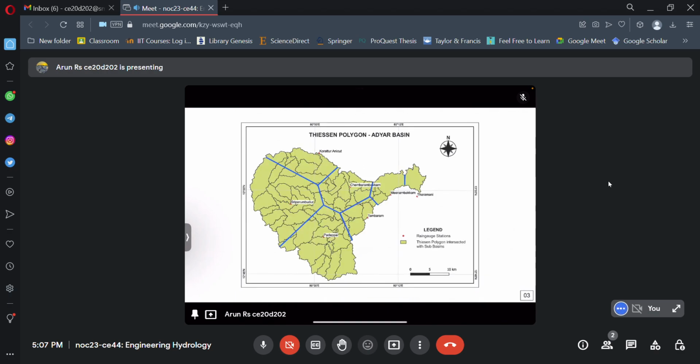Here you can see for each of the stations, cutting across the different subbasins, we have the influence area from each of the rain gauge stations. So this is how a Thiessen polygon looks for a watershed. In the problem, you will be solving any one of the subbasins, so it won't be an entire watershed, it's just one of the smaller subbasins.